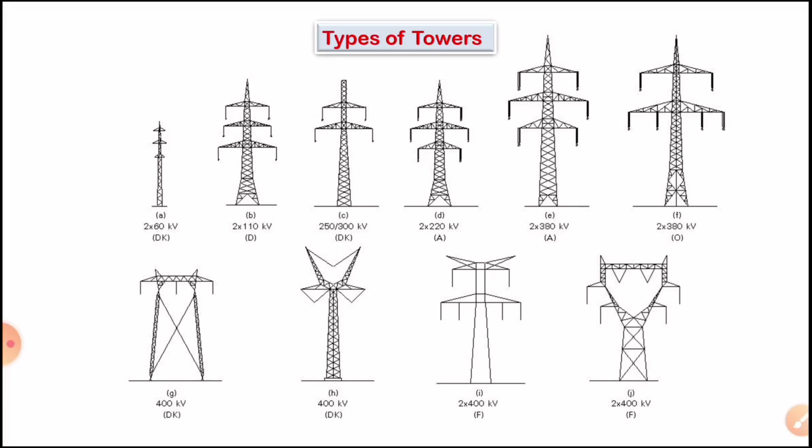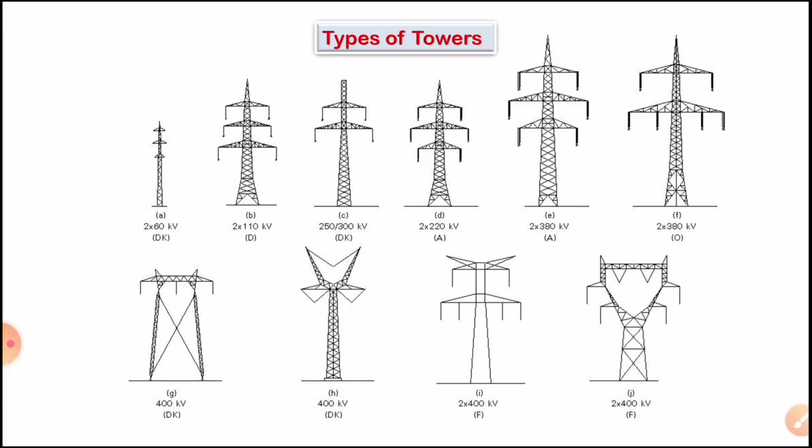To transmit the power, we have to use different types of towers. You can see in the figure that it is based on the voltages. At the same time, we have to be careful, because electricity is a bad master and a good slave. So we have to be cautious while using electricity, otherwise there is a possibility of fatal deaths.